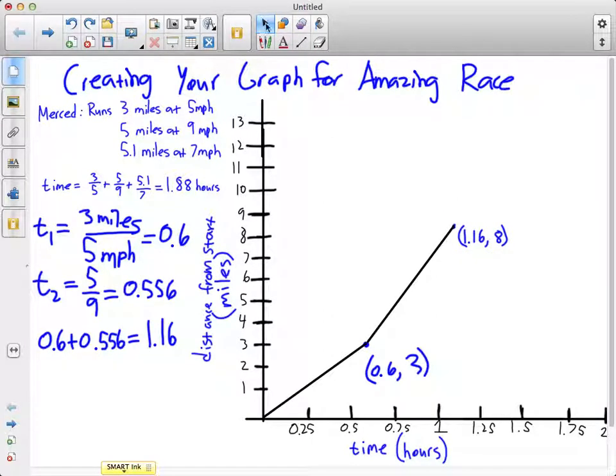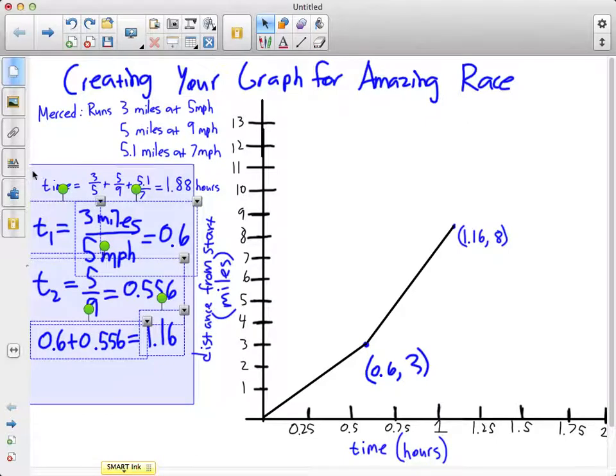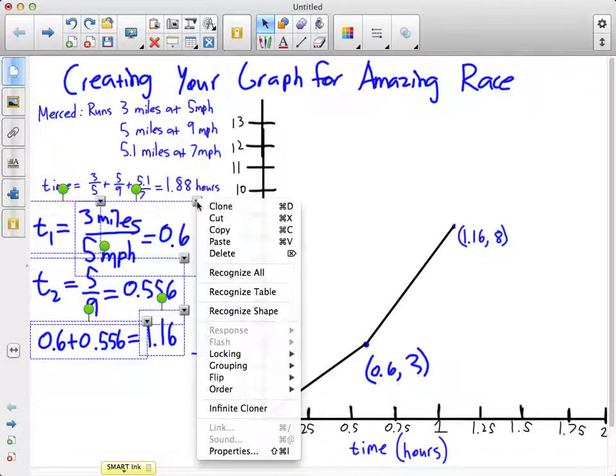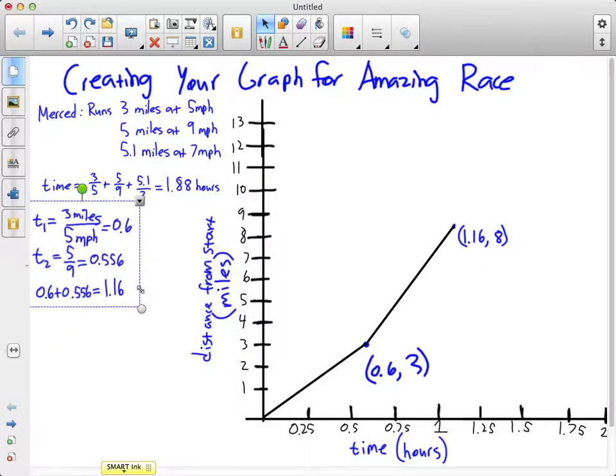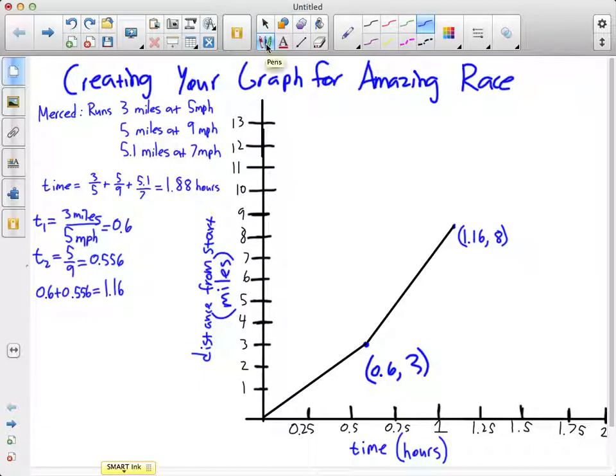And for the last part, I'm going to do the same thing. He's already taken 1.16 hours. So my third time is going to be the time it takes him to finish the race. So third time is going to be 5.1 over 7, which is 0.73.